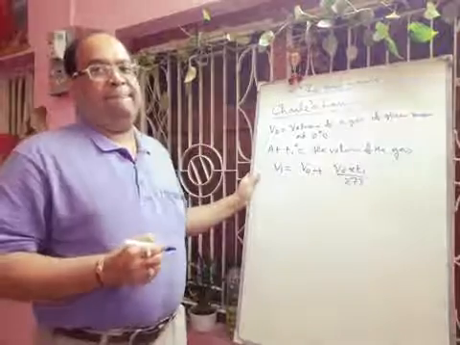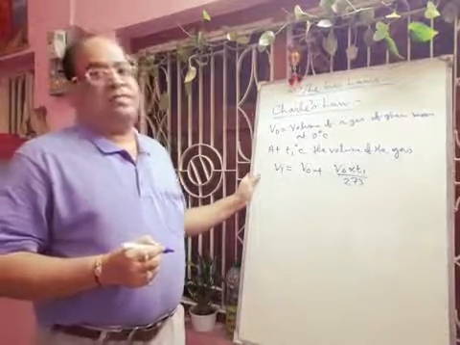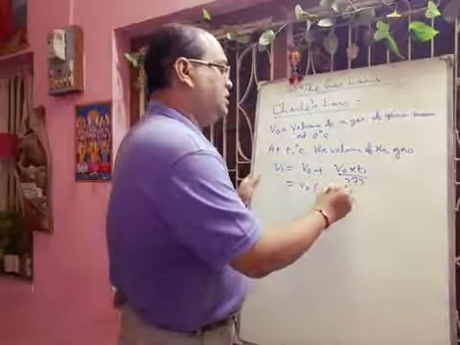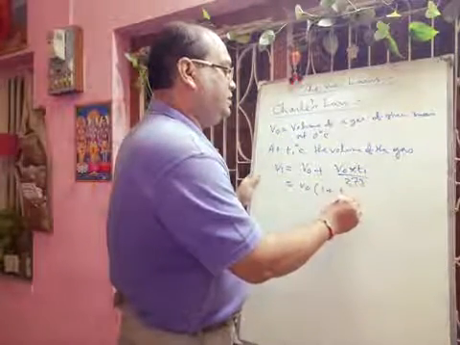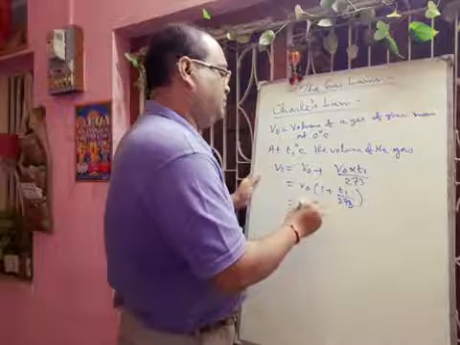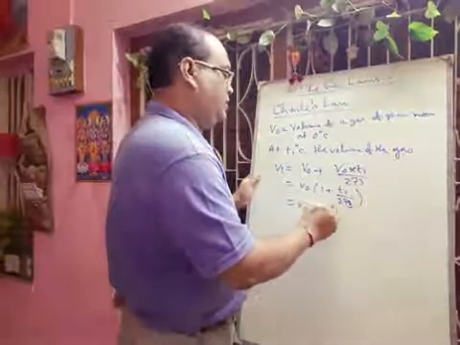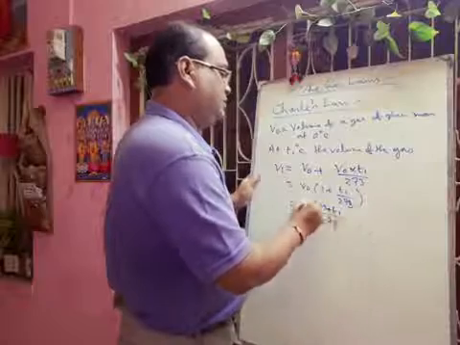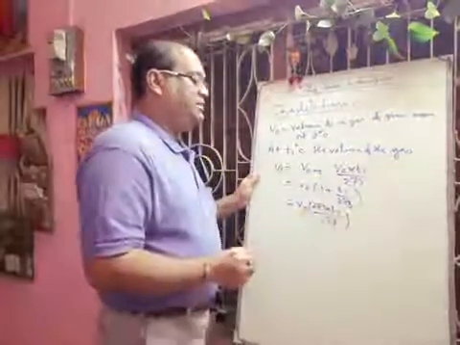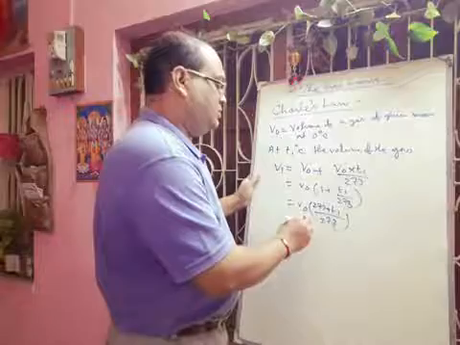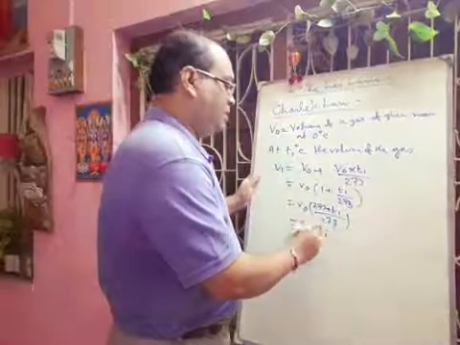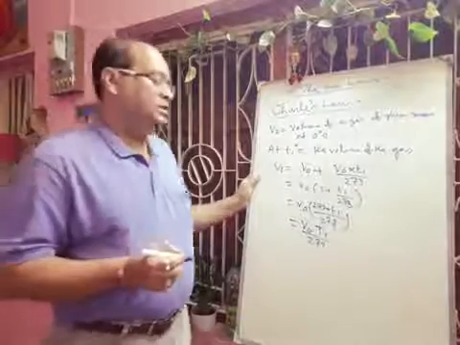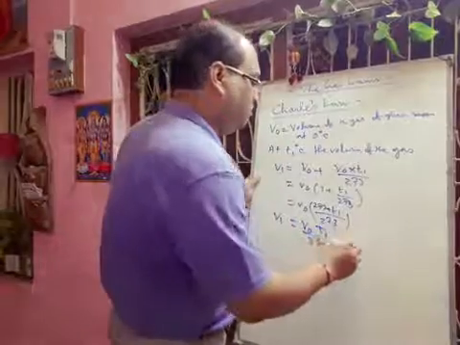So if we take the common V0, 1 plus T1 by 273, then we will get V0 into 273 plus T1 divided by 273, and this 273 plus T1 we write as capital T1. So V1 is V0 T1 by 273. This equation we are giving as 1.